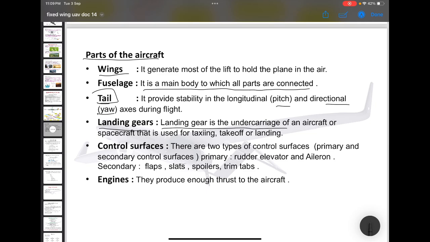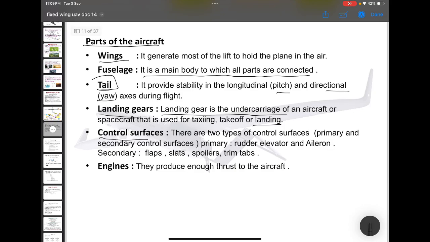And the fourth one is landing gear. Landing gear is the undercarriage of the aircraft or spacecraft that is used for taxiing and takeoff or landing. We know this. And control surfaces. There are two types of control surfaces, primary and secondary. We have already seen. Okay.